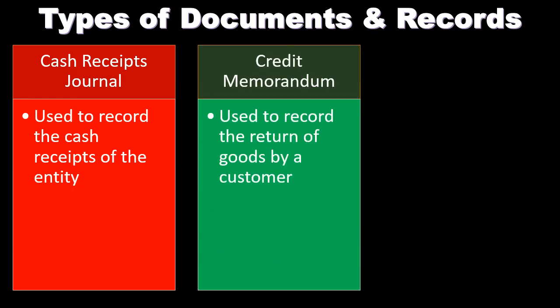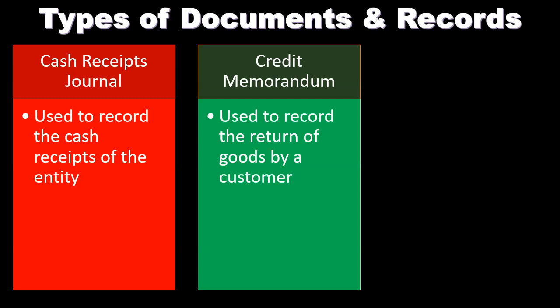Credit memorandum, used to record the return of goods by customers. So this is going to be important for the recording of revenue as well, because the credit memorandum is something that, many times within even the accounting process, if you ask the bookkeeper or the people in the accounting department what's the journal entry behind a credit memorandum, they don't really know, right? It's obviously because it's backwards.